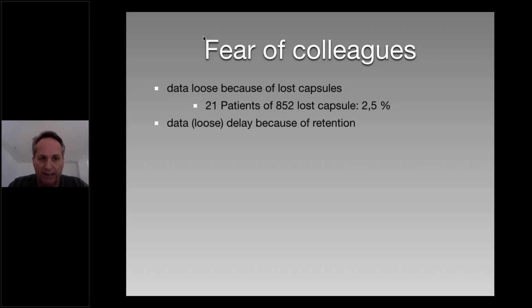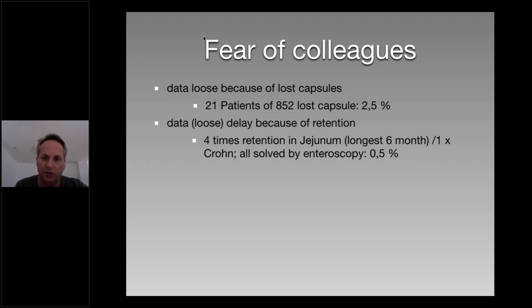Data loss, or I would say delay, because of retention. It's also true. If the capsule won't come out, we don't have any data. If you work with a data recorder based system, you can say what's going on inside, but we can't do it with this storage on board. With the CapsoCam, she's a little bit longer than the other capsules.